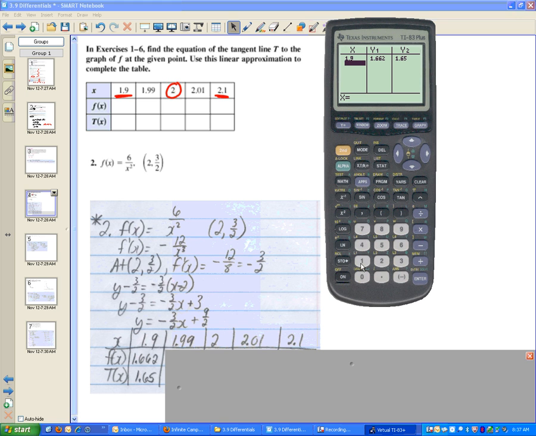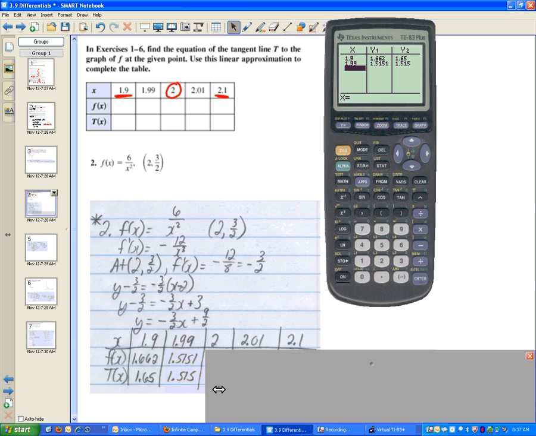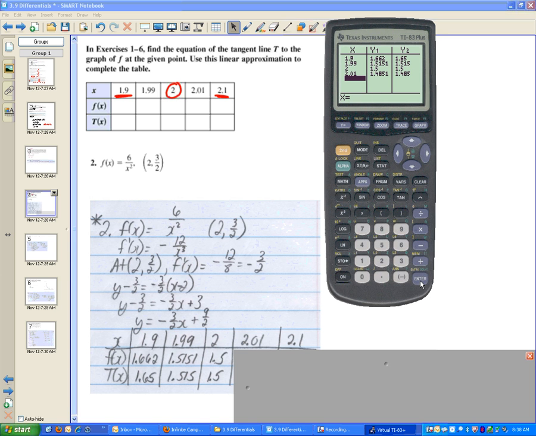When x equals 1.99, now they're within a 10,000th of each other. That's really close. x equals 2. They're equal. They better be, because that's the point of tangency. 2.01 and 2.1.